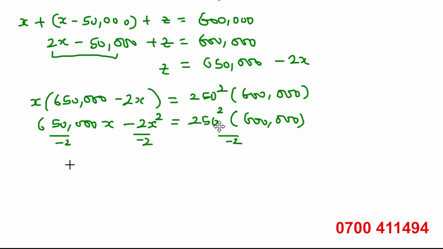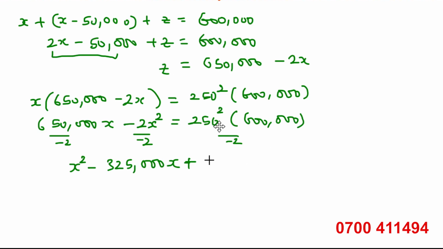So this becomes x squared, this becomes minus 325,000x. Now this will be a minus, but since it is crossed by the equal sign to this side, it will become a positive plus. Now this 2 will reduce this to 300,000.